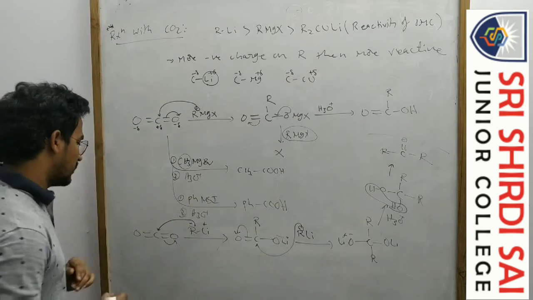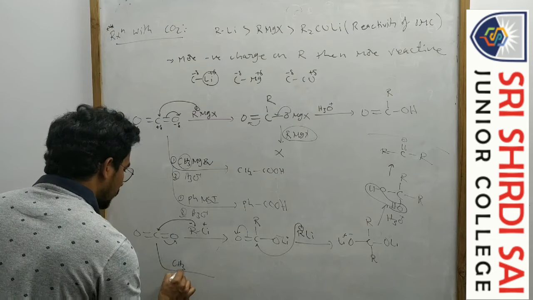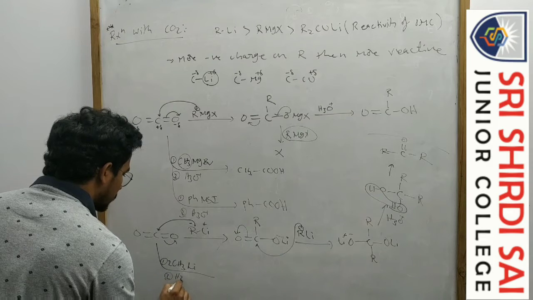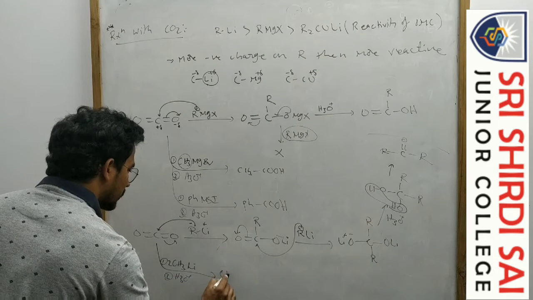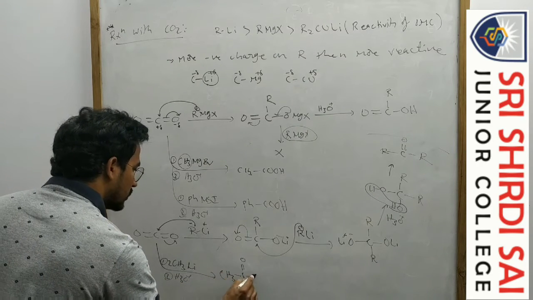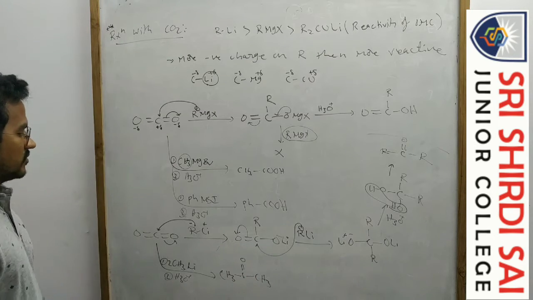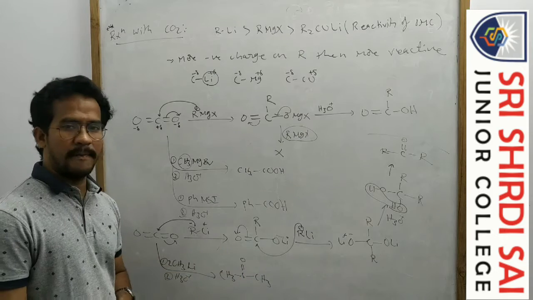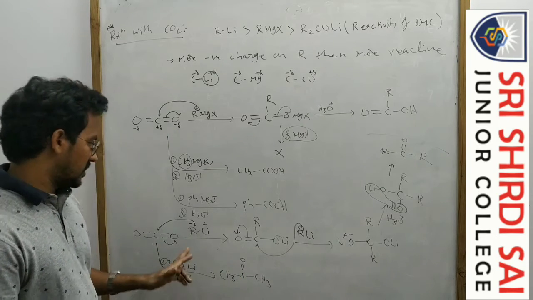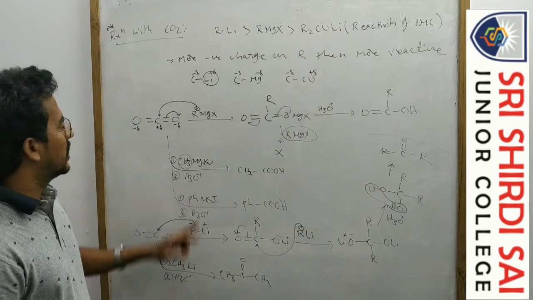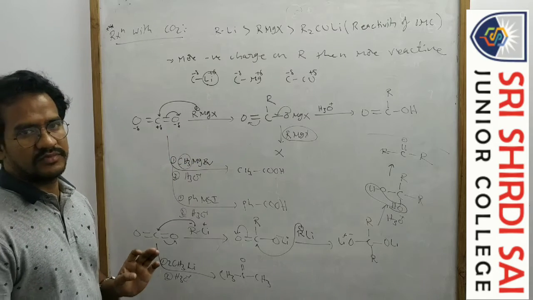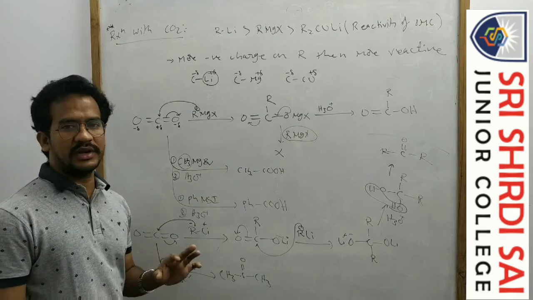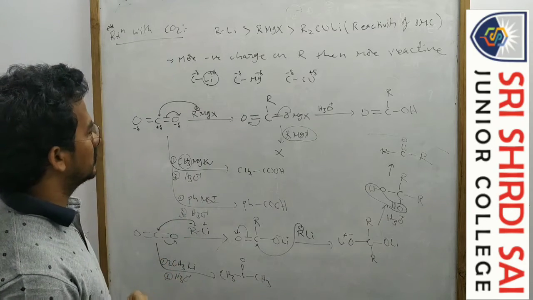For example, treating CO2 with CH3Li, 2 equivalents, followed by hydrolysis: what is the product? CH3COCH3. The alkyl groups of the alkyl lithium are placed on both sides of the C double bond O. Very important: alkyl lithium with CO2 gives ketone; Grignard reagent with CO2 gives acid.